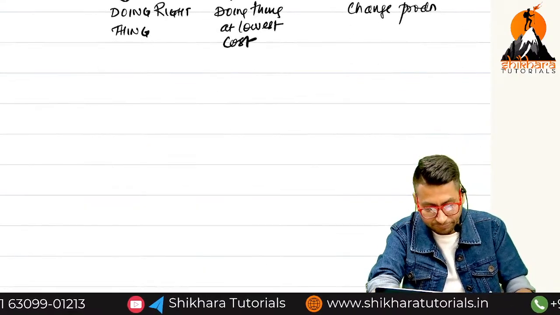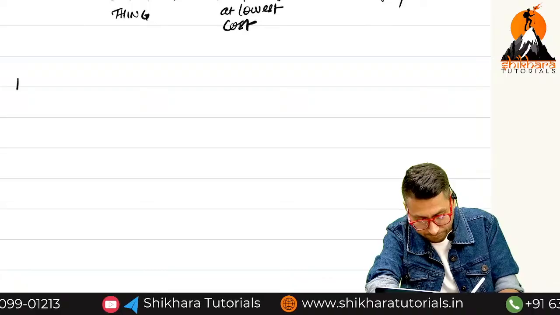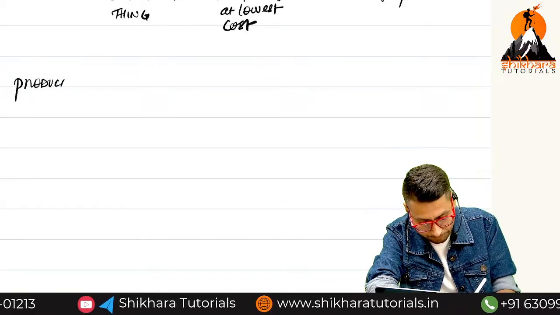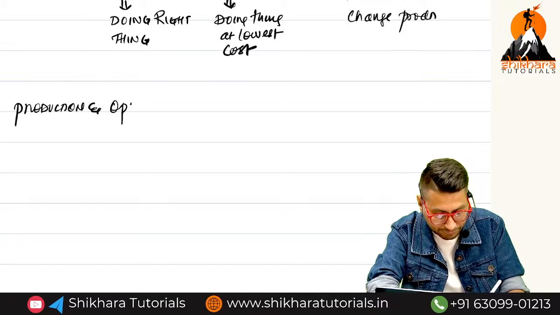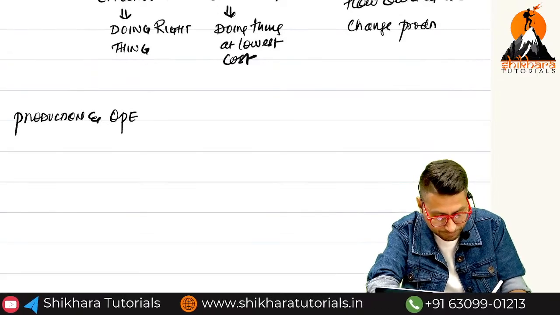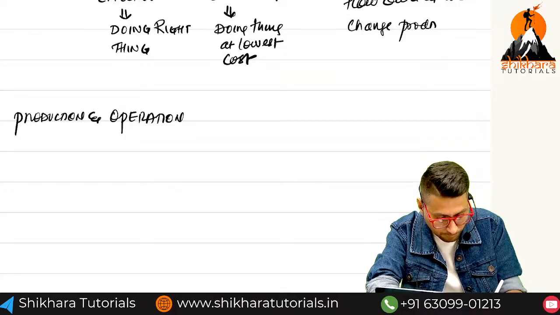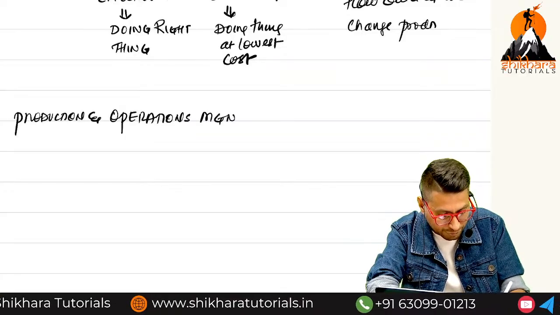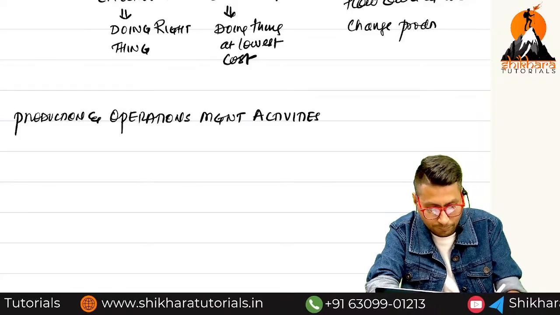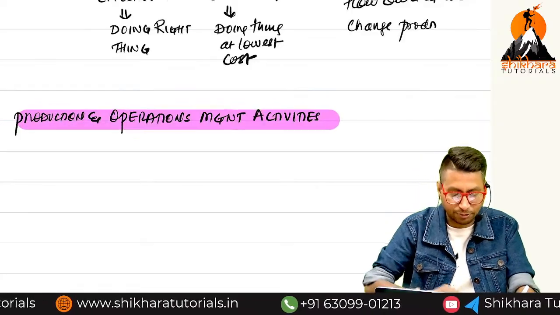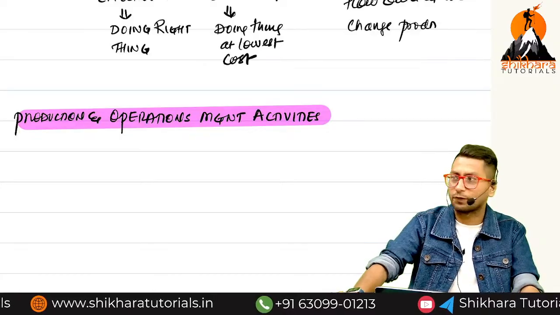Next. Now we have production and operations management activities. Mark it as a very important question. Operations management activity. Does anyone have any doubt in any of the points we have discussed till now?